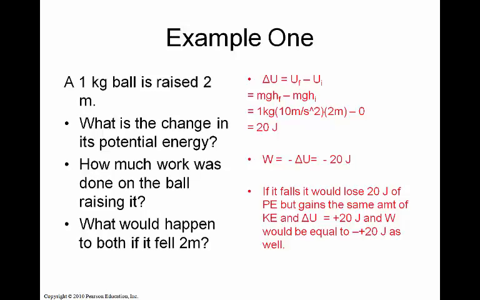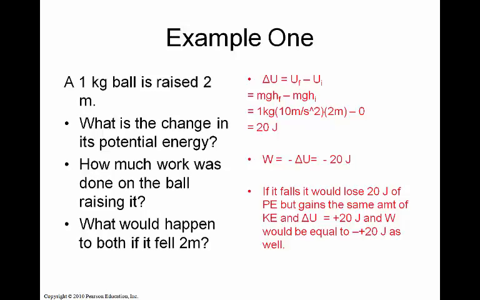So delta U is U_F minus U_I, or mgh_F minus mgh_I. If I plug in my numbers, it started from the ground, so it has no height, so its initial mgh is 0. So I will get 20 joules as my change in potential energy lifting it.